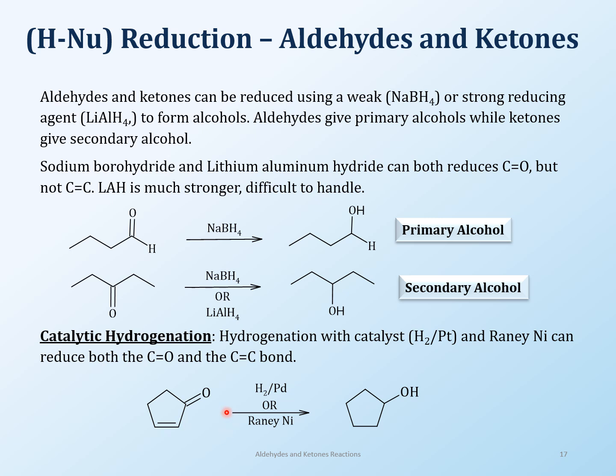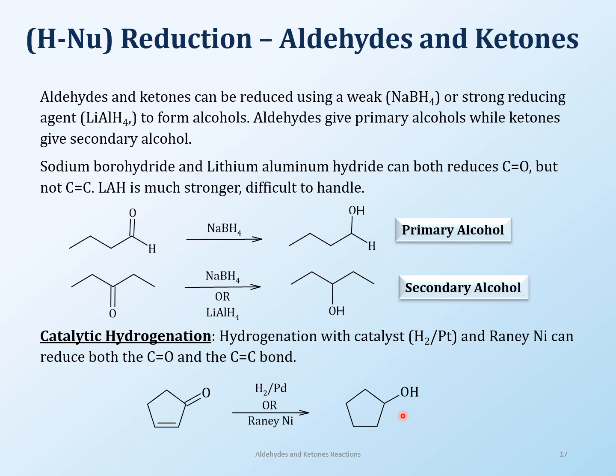So if you have something like what I have here with a keto group and an alkene group, and you just want to reduce the ketone, then better to use sodium borohydride. Don't bother with hydrogenation, just use this. If I were you, I would not use hydrogenation as your reducing agent for the most part, because you might forget that you have an alkene somewhere or an alkyne somewhere.